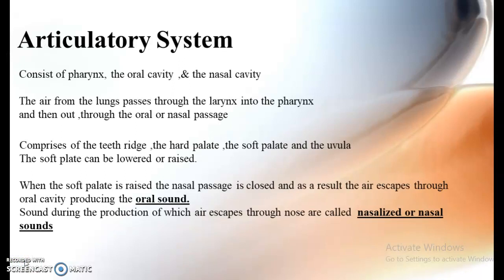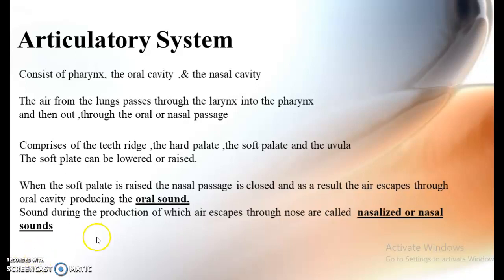The articulatory system comprises the lips, the teeth ridge, the hard palate, the soft palate, the uvula, epiglottis, pharynx, and the tongue.